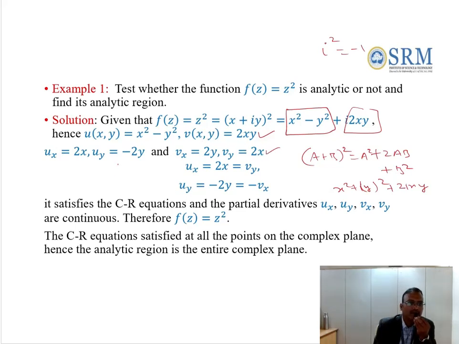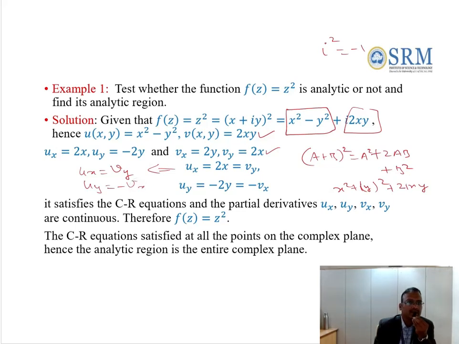Now if you compare, ux equal to 2x and vy is also 2x, so ux equal to vy. And uy equal to minus 2y, which is equal to minus vx. So uy equal to minus vx.